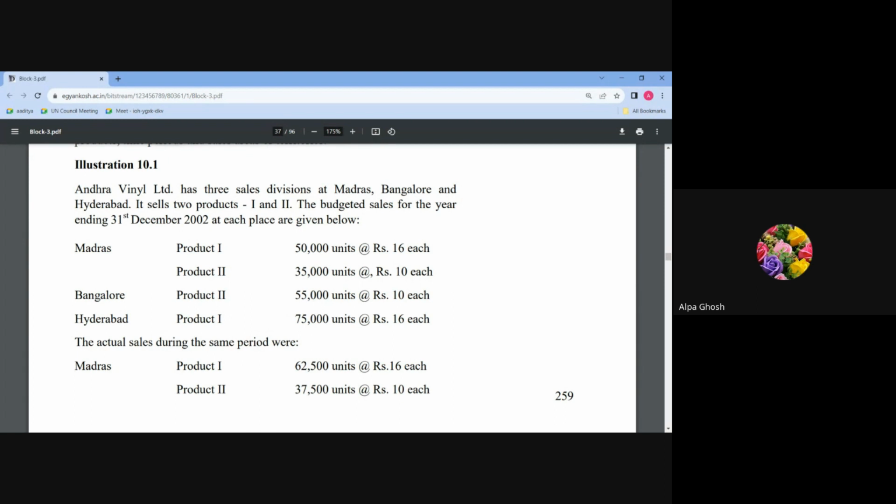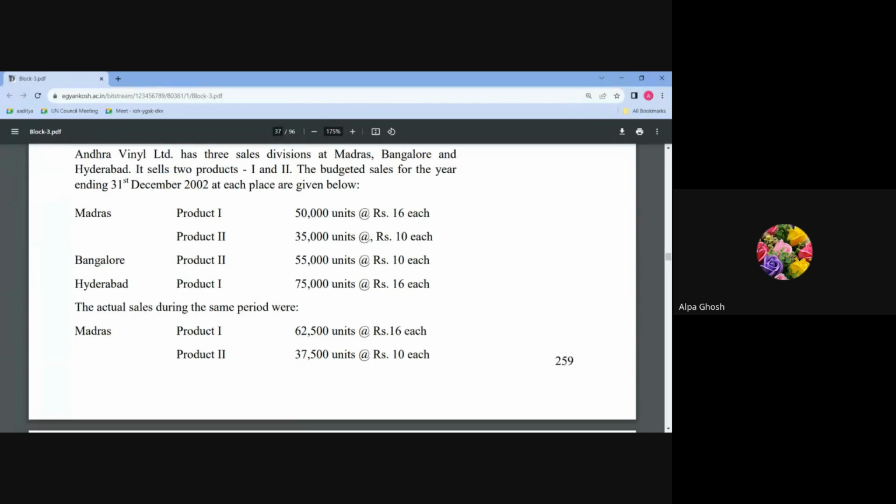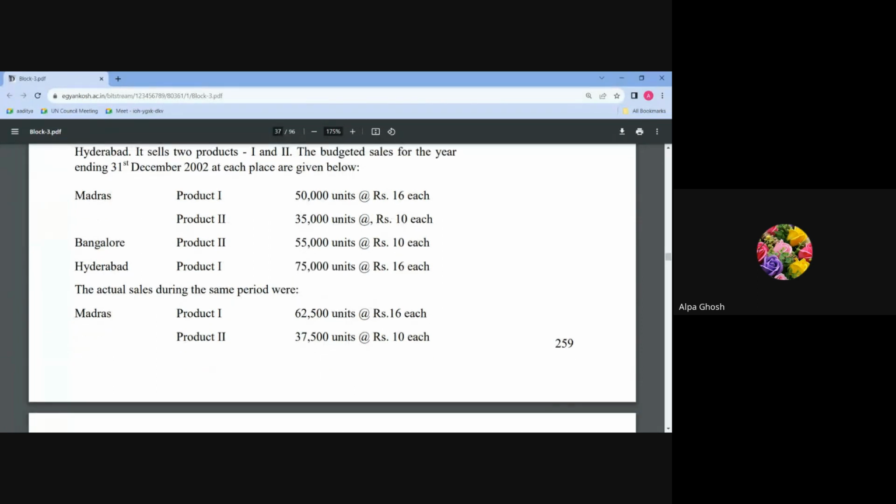Second one, 55,000 units, and the second unit sells only the second product, and the third unit sells only the first product. So this is what they have given, that the budgeted sales for the year ending is this. This is the budgeted sales. And against this budgeted sales, what is the actual sales?